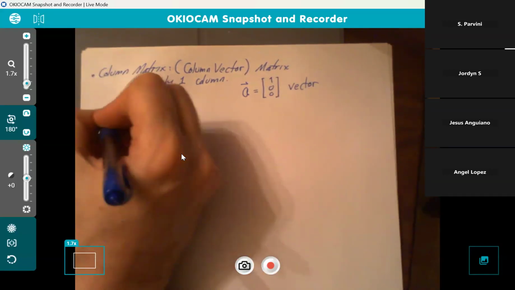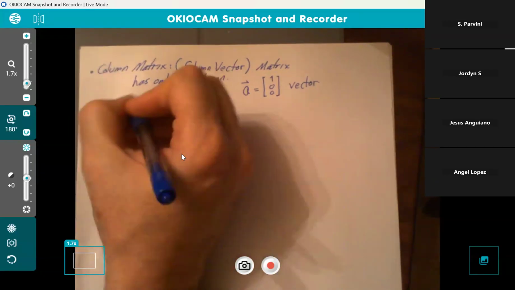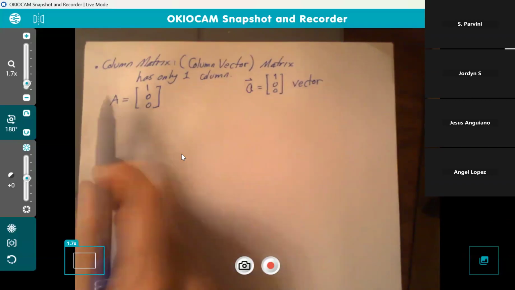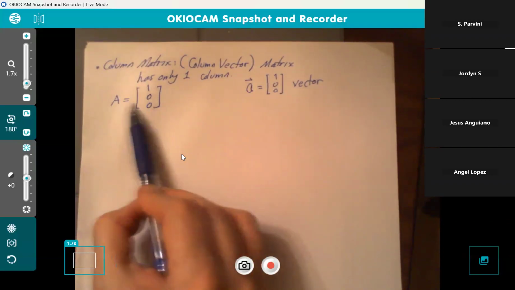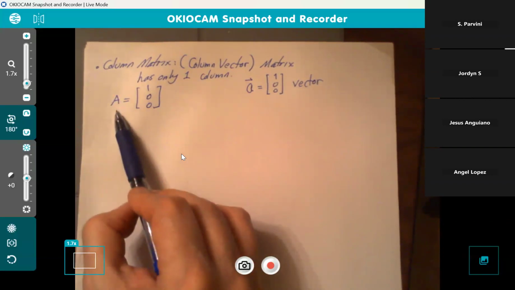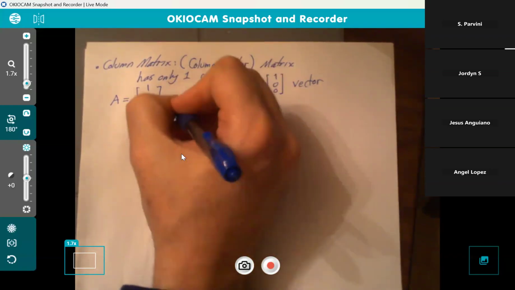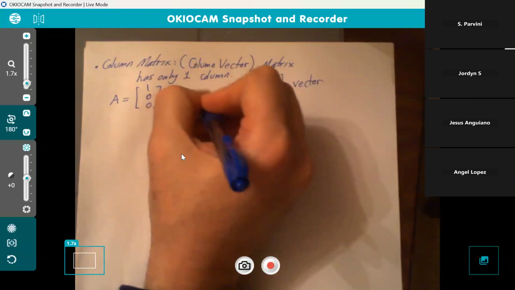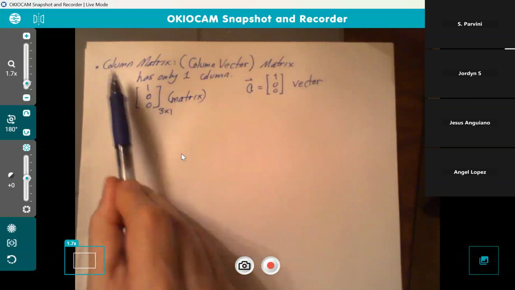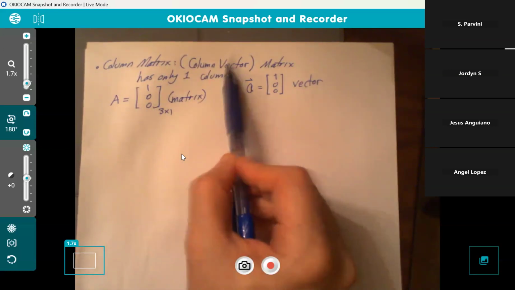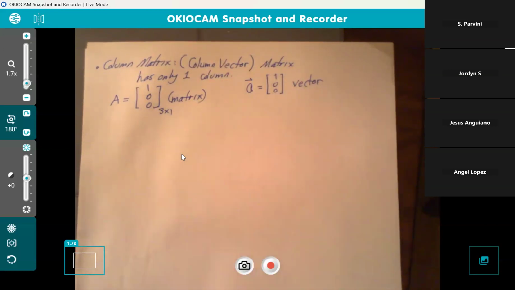So I can say matrix A is equivalent to 1, 0, 0. Now I'm thinking in terms of rows and columns. See, I don't have an arrow on capital A. So this is going to be a 3 by 1 matrix. So either or, notice again, you can call it a column matrix, or you can call it a column vector, depending on what it is we want to do with it.